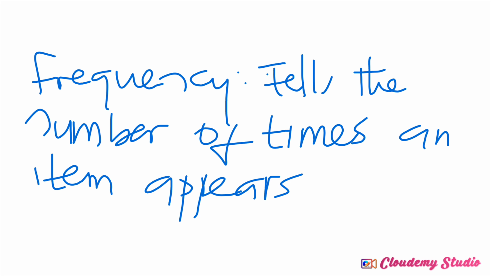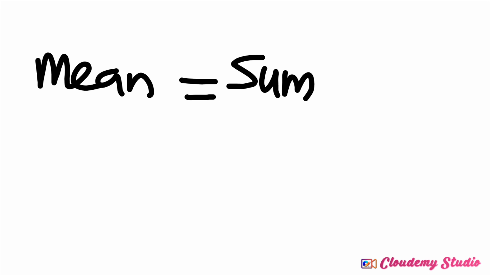So frequency tells the number of times an item appears. Now with the frequency we can find the mean.